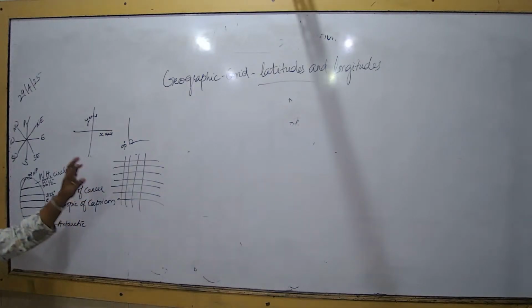Okay. Now, lines of latitude are the imaginary lines joining all places having the same latitude towards north or south of the equator. Since the lines of latitude are parallel to the equator and each other, they are called parallels of latitude. Why is it called parallels of latitude? Because they are parallel to the equator.